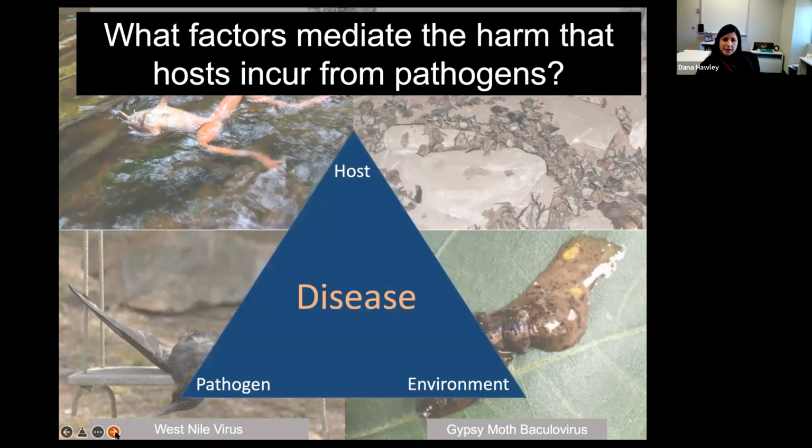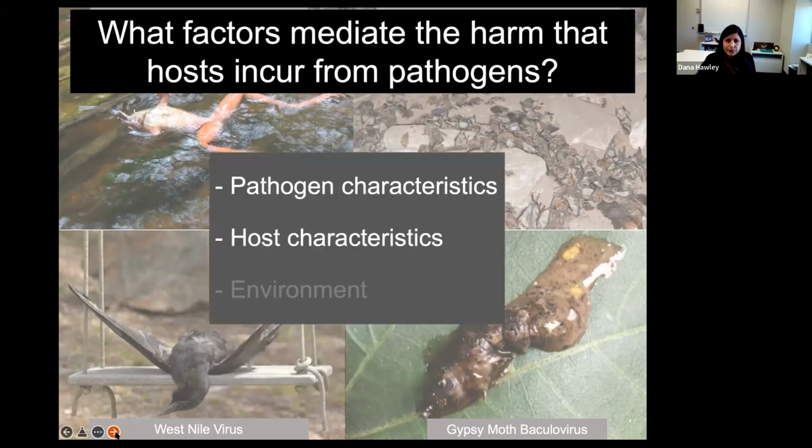So you'll probably recognize these three broad characteristics as the three points of the disease, or often called epidemiological triangle. So this framework nicely captures the idea that virulence, while it's important to study as a pathogen-specific trait, is very much an outcome of all of these interacting factors.